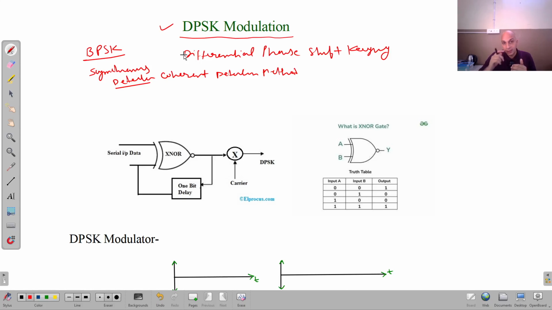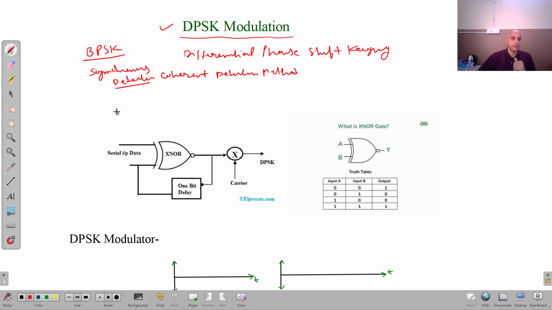So this is the way DPSK works. Every bit of the incoming bit stream is compared with the previous bit, and according to the new bit stream we change the phase of a high frequency carrier wave.